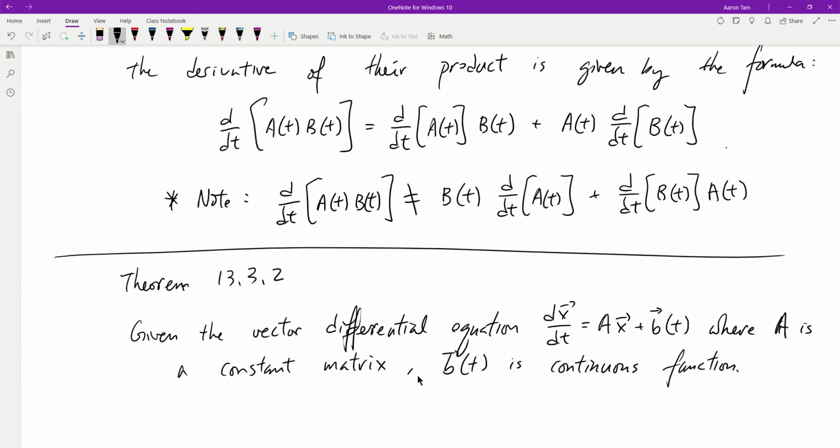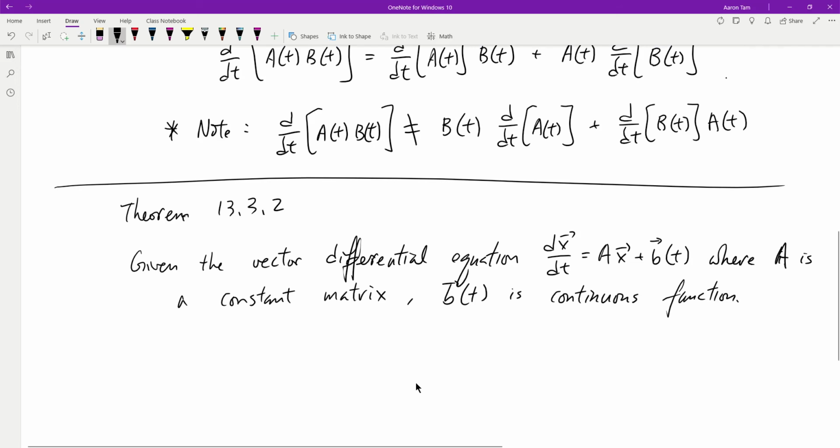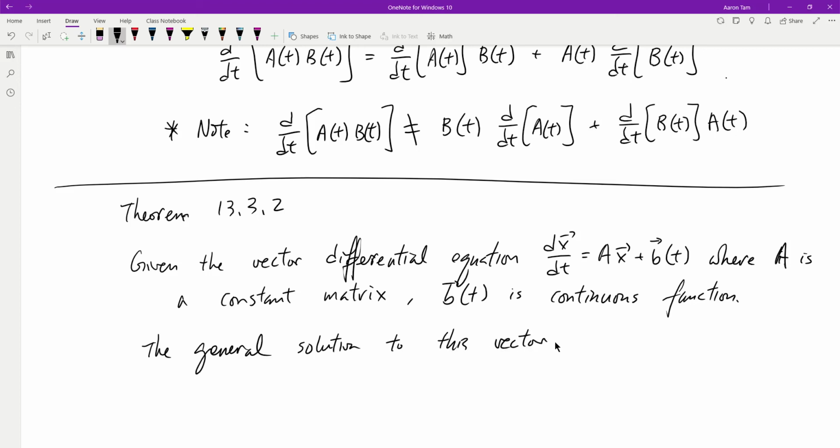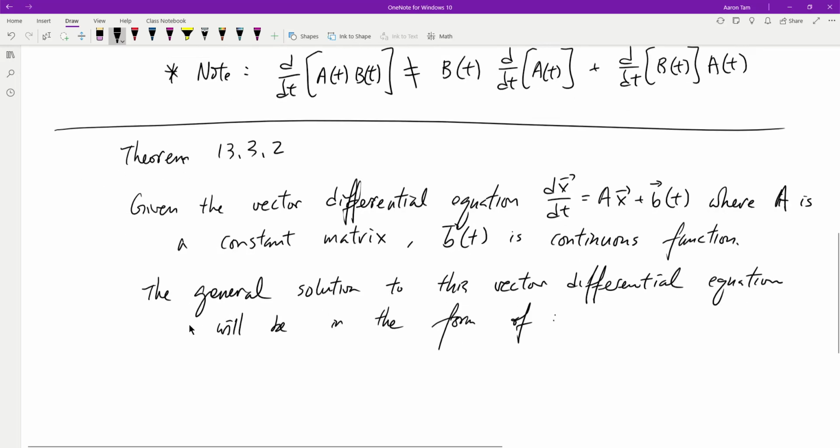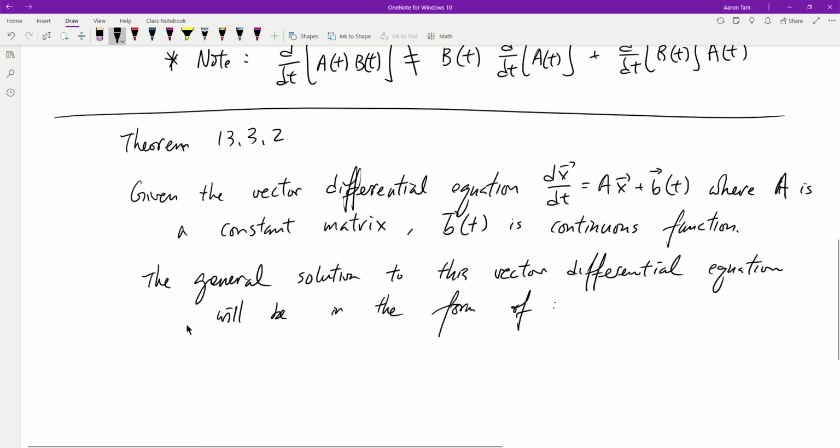Continuous like a vector function, because it's supposed to give out a vector. The solution to this differential equation, the general solution to this vector differential equation, will be in the form of... So here's the formula you need to memorize.